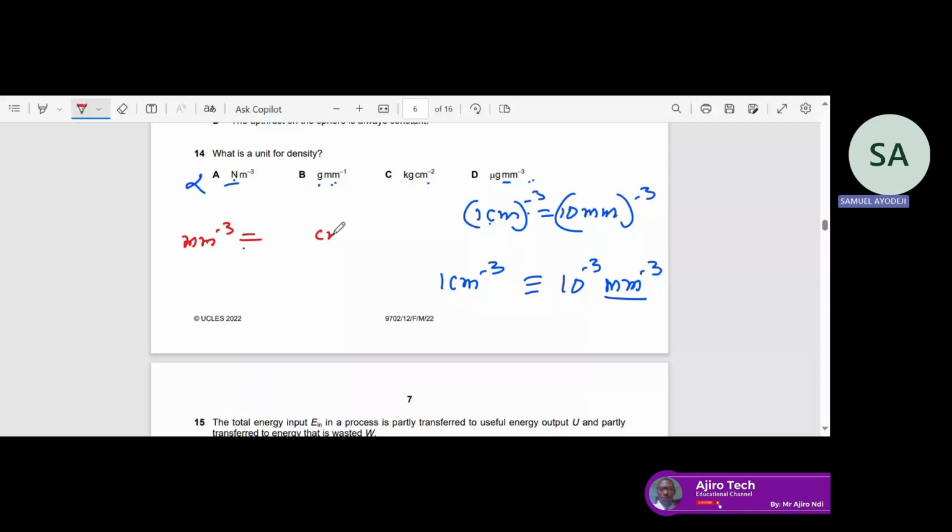Yeah, so I can do it as well. I can now do 3 centimeter cube. So I divide both sides by power minus 10 minus 3. So I can conclude that 1 millimeter cube is equivalent to 3 centimeter cube.